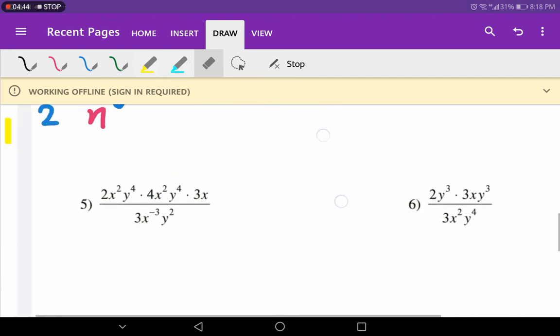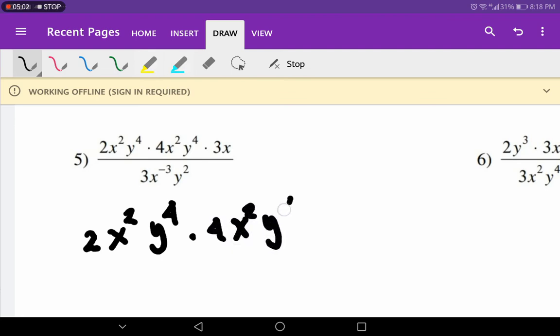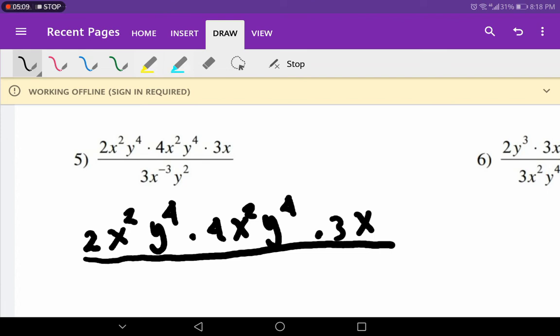Now number 5. Regarding this fraction, the first step, I will write the question. It is 2x squared y with power 4, multiply 4x squared y with power 4, multiply 3x, all of them over 3x with power negative 3 and y with power 2.